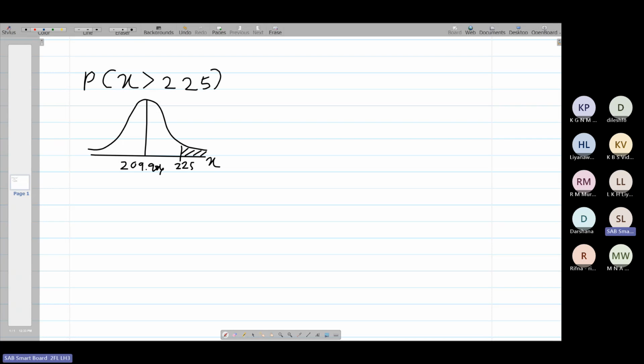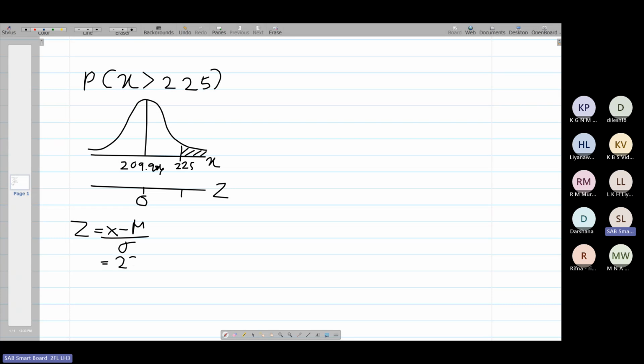Okay. Then we need to convert those values to Z. The mu value is 0. Then we need to convert this 225 to a Z value. How do we convert it? X minus mu divided by standard deviation.